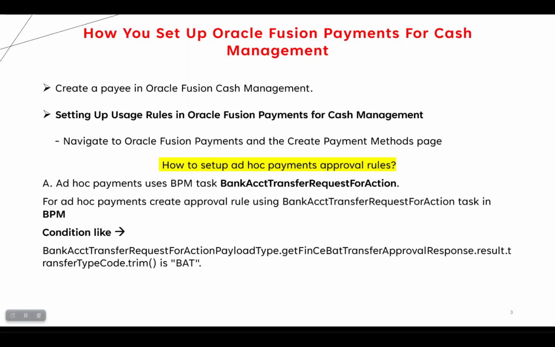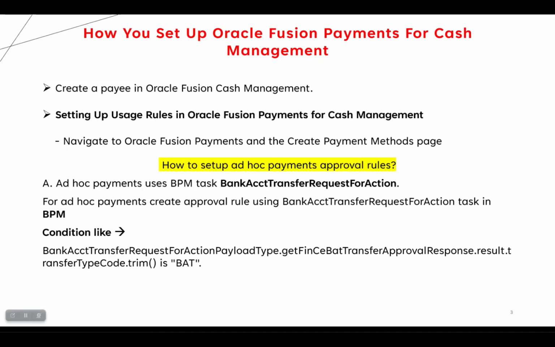You can include conditions like these. For example, bank account transfer request for action payload type dot get find CBAT transaction approval response result transfer type equal to PAT. In this case, you tell the system that this BPM workflow is for PAT, bank account transfer.